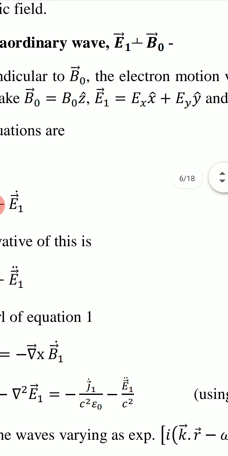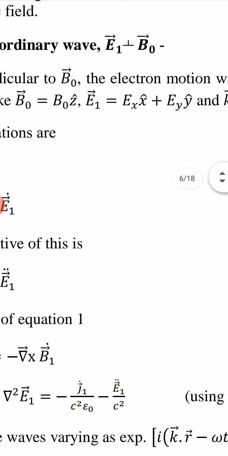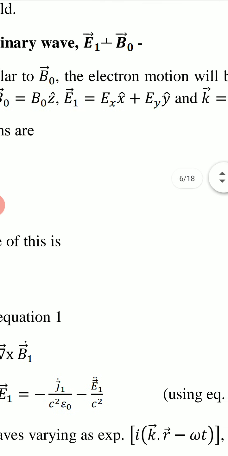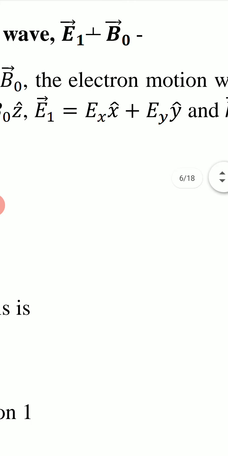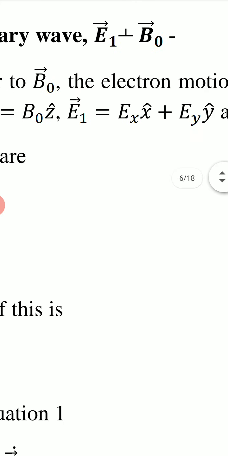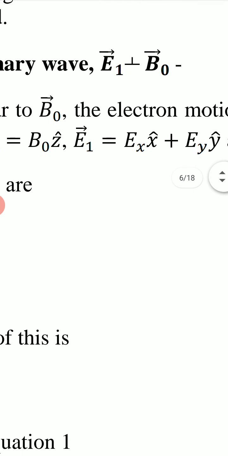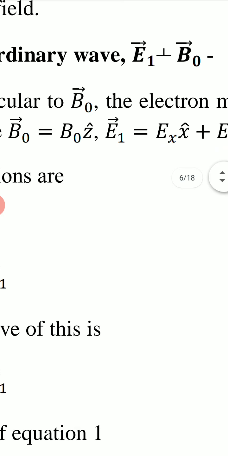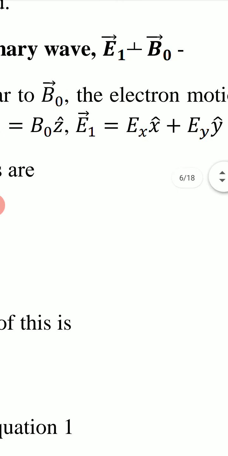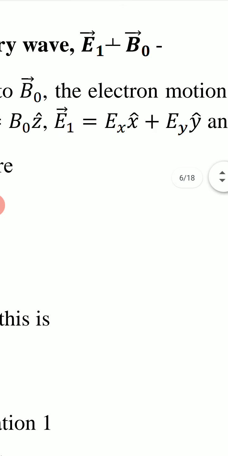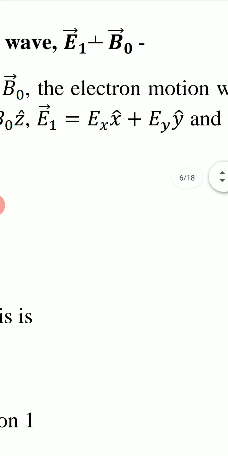And E1 vector is taken as Ex x cap plus Ey y cap. Since the E1 vector is perpendicular to the B0 vector, and B0 is along the z axis, we assume the E1 vector in the xy plane having x and y components Ex and Ey.